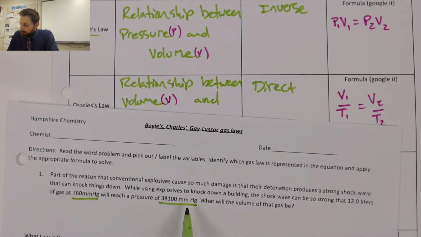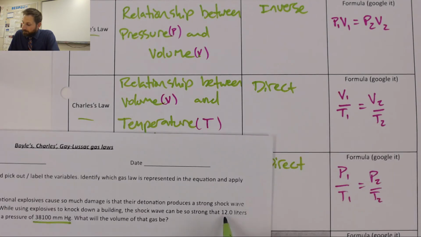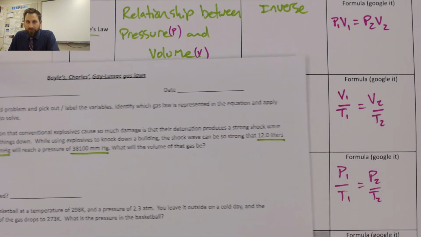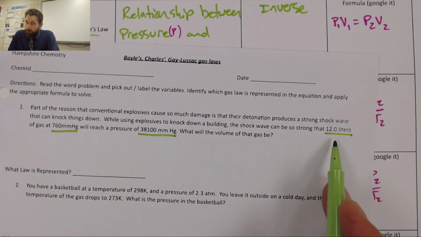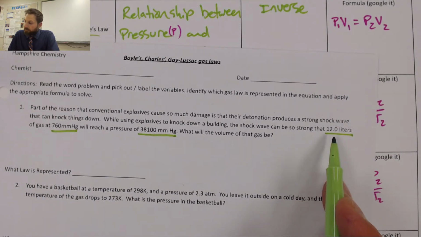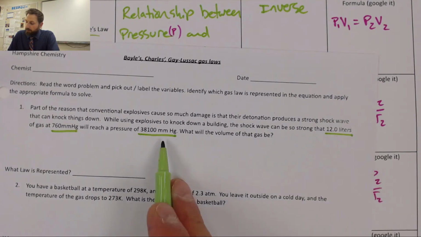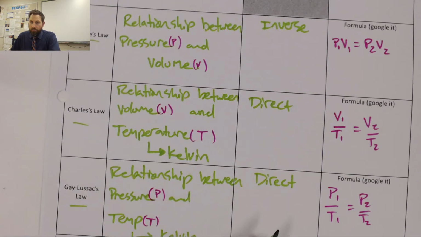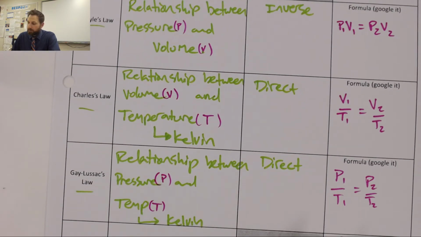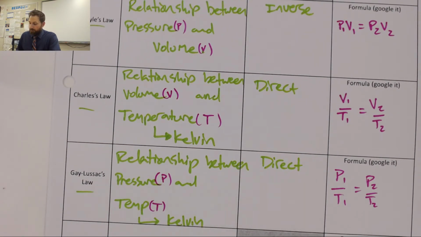Here we're talking about millimeters of mercury. Those are pressure readings. Here we're talking about 12 liters, right? That is a volume reading. So what law relates volume and pressure? And so we are looking at Boyle's law.